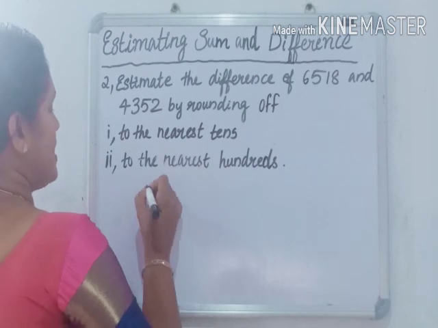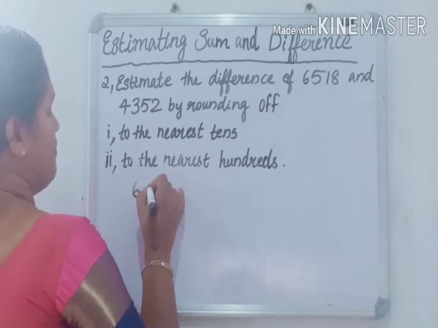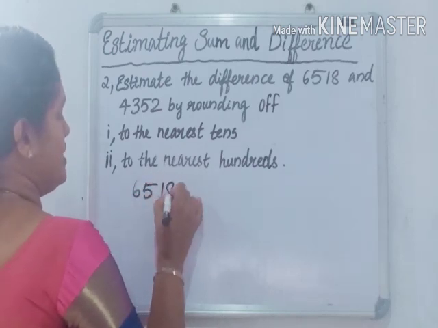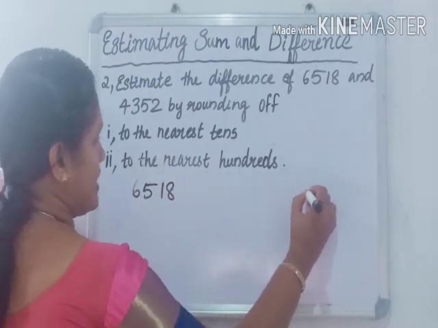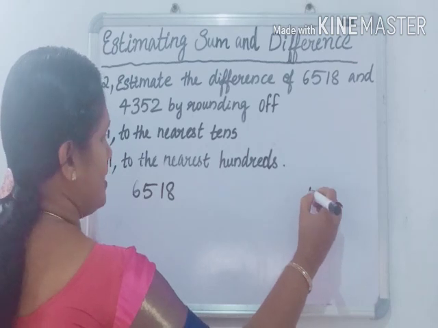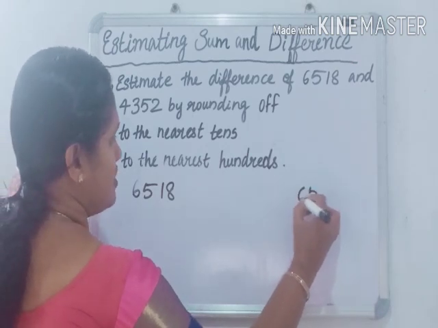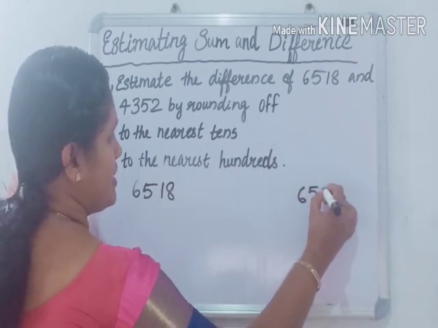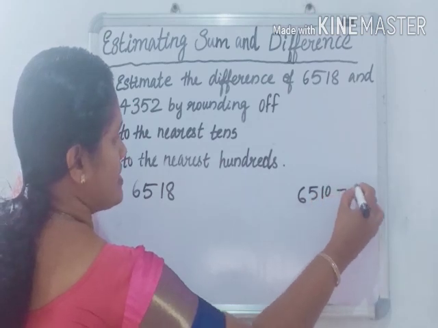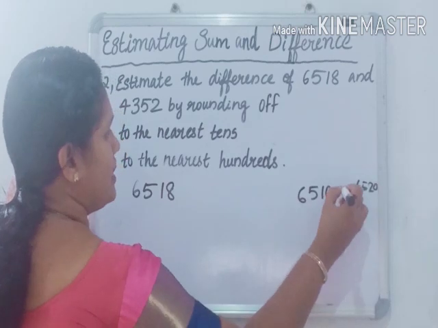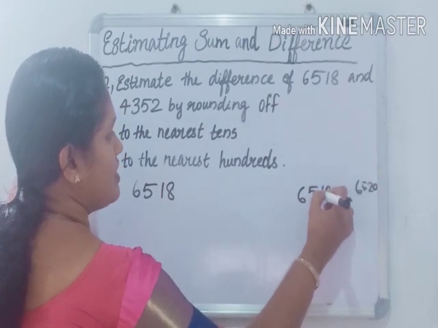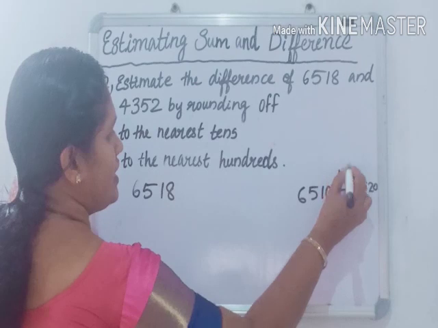The numbers are 6518. 6518 lies between 6510 and 6520. Okay, the middle number is 6515.